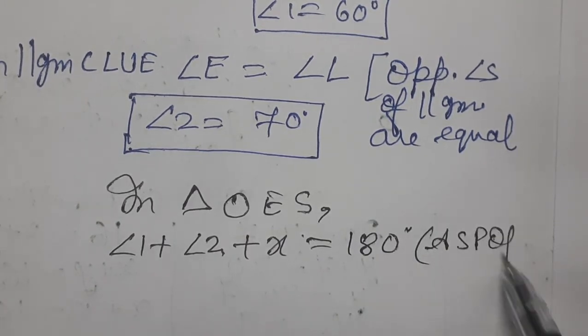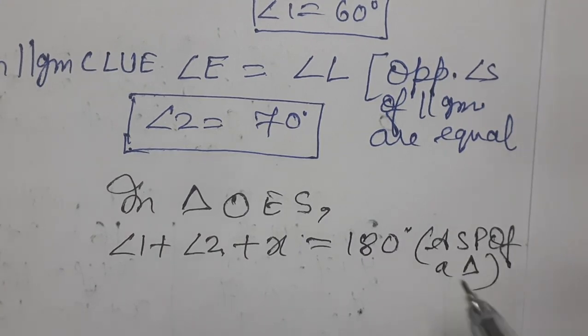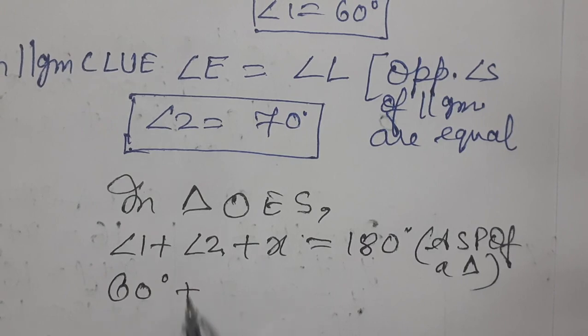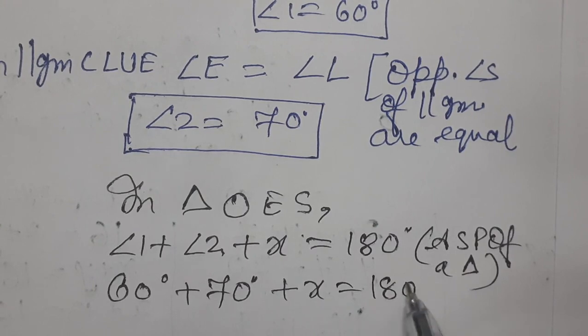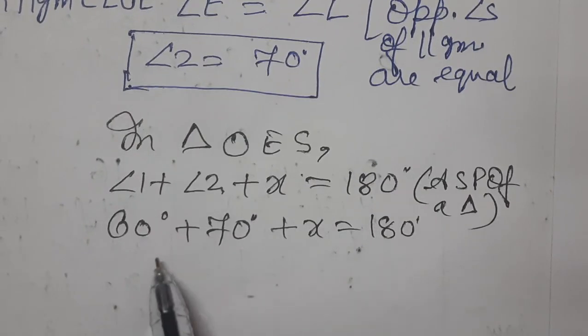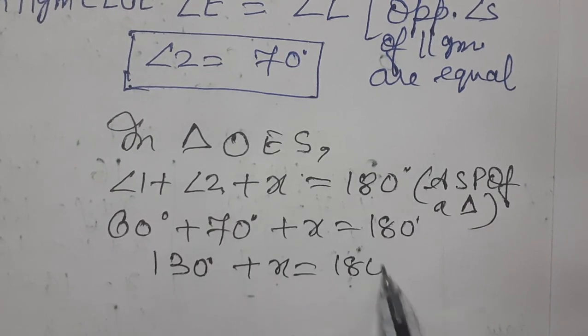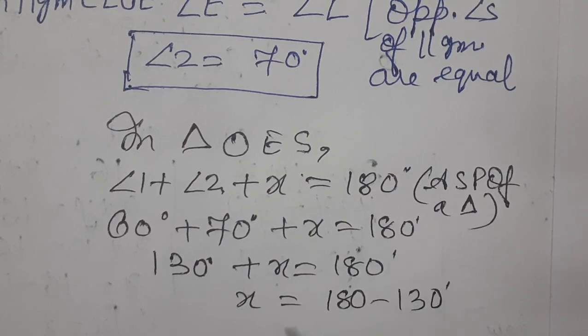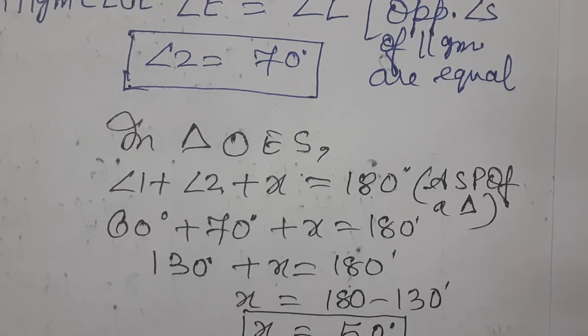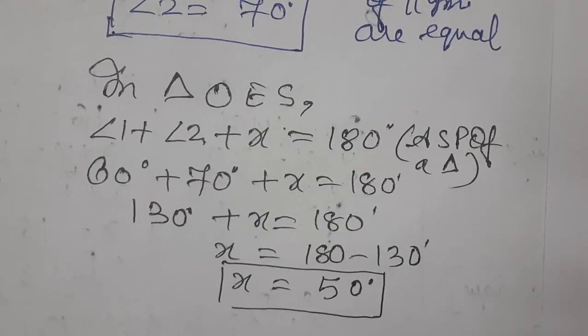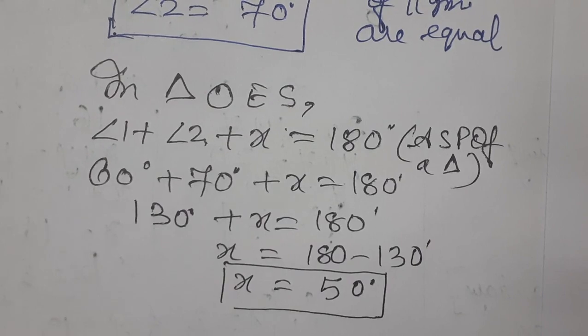Reason is angle sum property of a triangle. Angle 1 is 60, angle 2 is 70. We got an equation. Now we can solve, children. 60 plus 70, 130. 130 plus x equals 180 degree. It implies x equals 180 minus 130. We got x as 50 degree. So finally, we have solved the question. x equals 50 degree.